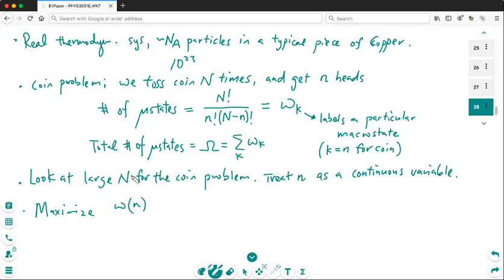Okay, so for this part it is conventional not to maximize omega, but equivalently, we are going to maximize log of omega.